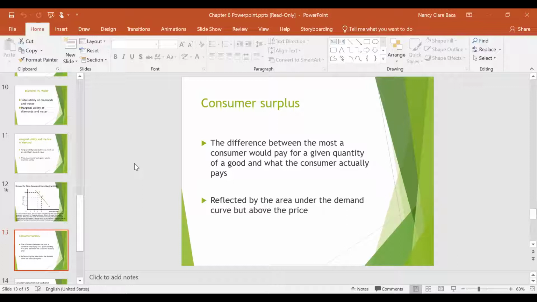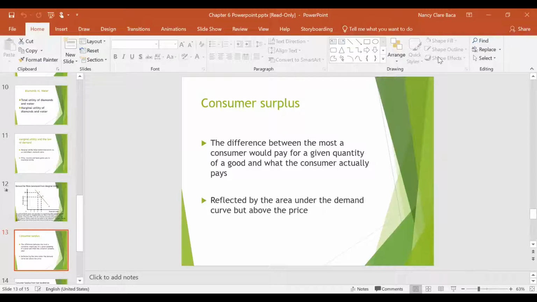You were willing to pay $4, you only had to pay $3. The difference is what we call consumer surplus. It's the difference between what you had to pay and what you were willing to pay, that maximum you were willing to pay. I'm going to assume that you wouldn't have paid any more than $4, right? That was the max that you had to spend on milk that day, okay? But you got that $1 of consumer surplus.